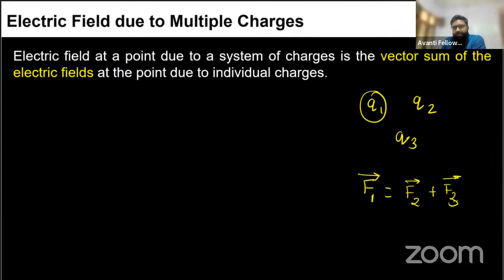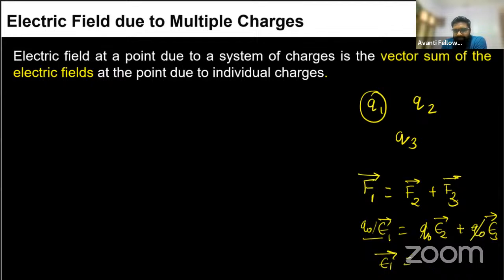So in the same way you can write F1 as Q1 into E1 vector, plus Q2 into E2 vector plus Q3 into E3 vector. But this Q1, Q2 and Q3 will not come here. This E2 is for the point charge, so all will be replaced by point charges, so we can say this will cancel out. So electric field for this charge is equal to the vector sum of the other point charge electric fields.